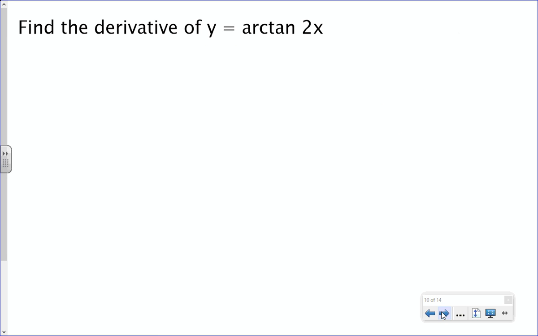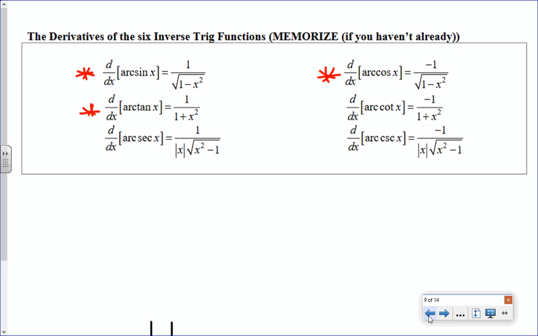So, let's do some examples. They're already written there for you. In the upper left corner, you have example 1. You can also see the rule that I had you write down. The rule for arc tangent is 1 over 1 plus x squared.